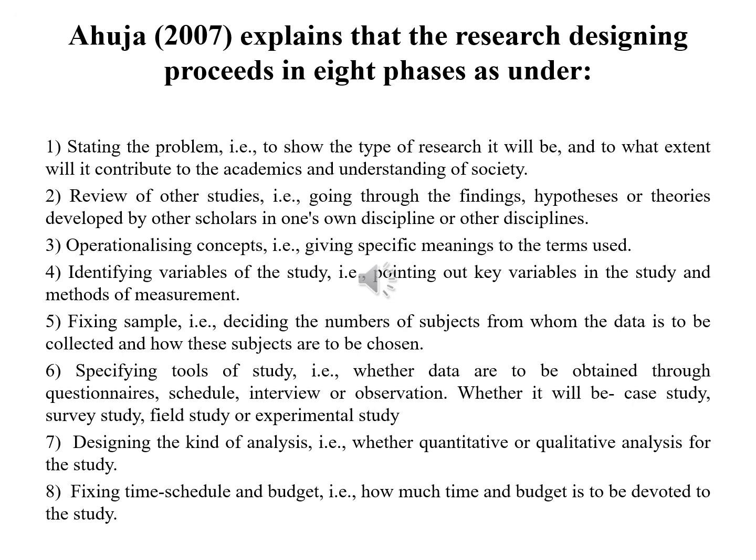Then the sixth one is select tools. Decide whether to use a questionnaire, interview, observation or survey according to your problem. Whichever is suitable for your topic, you have to choose it to collect the data.